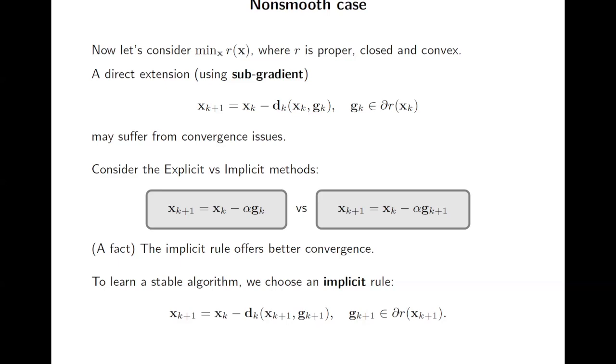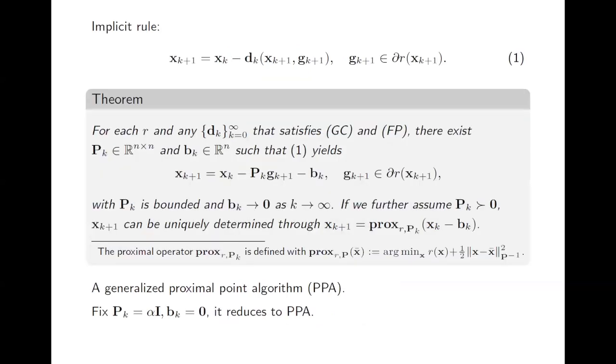So how do we solve this? If it converges well, how do we get xk plus 1 from xk? We find that if we do a similar analysis, we get a similar result as before, and fortunately this result can be written in an explicit form like this, using the concept of the proximal operator, a standard operator used in optimization.